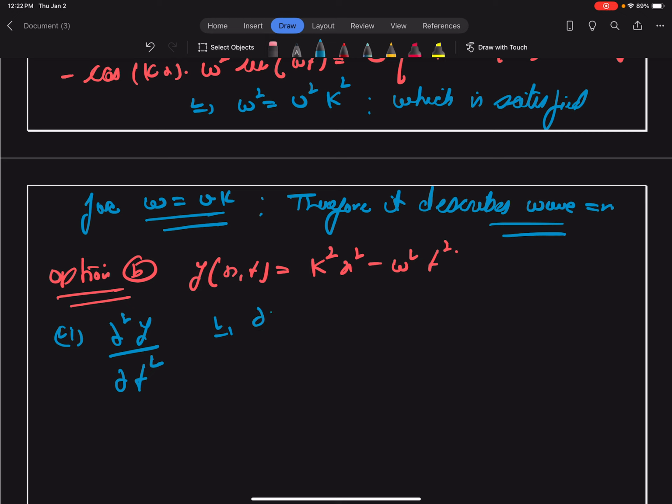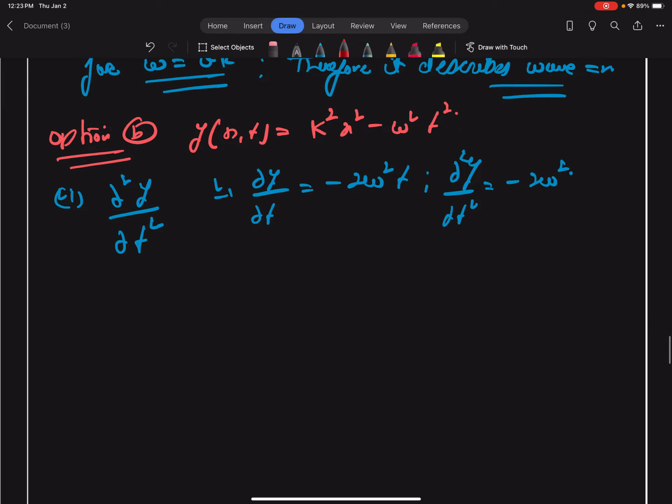We get the first derivative as minus 2 omega square t, and its double derivative with respect to t square will be equal to minus 2 omega square.